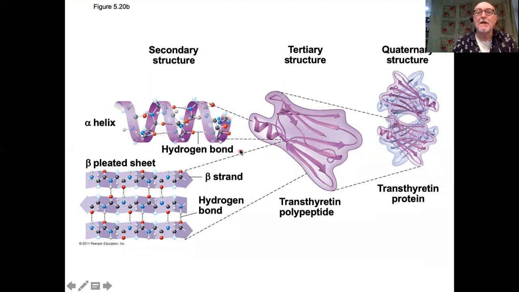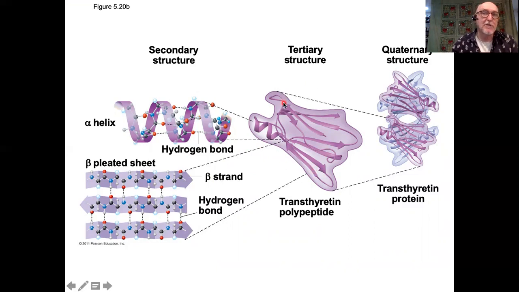And then there may be some short areas which have no secondary structure that act like hinges. And what can happen is we can begin to bend these alpha coils and the beta pleated sheets in space, bring them close to one another, fold that molecule, and start to create a 3-dimensional shape in space, as shown here.